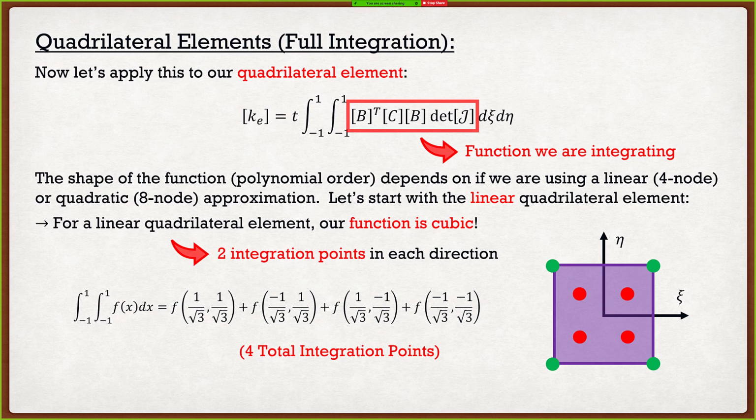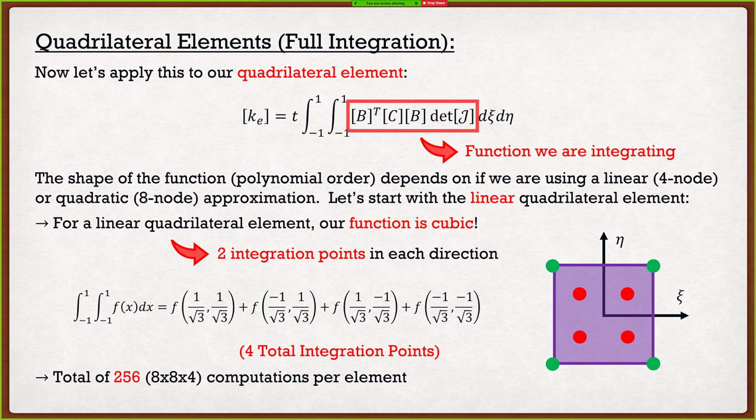So we have 4 total integration points. Now, if we were to look at the computation for this element, we have a total of 256 computations. We have an 8x8 stiffness matrix, so as we know, our stiffness matrix is going to be 8x8. And then we have to look at that stiffness matrix at 4 integration points per element.